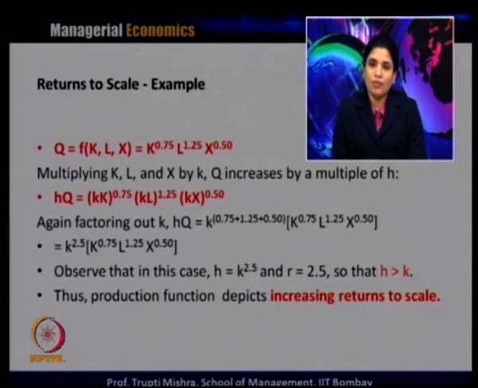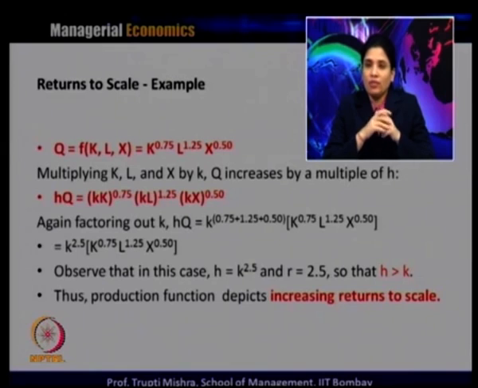If you remember, the power, if it is equal to 1, it is a constant return to scale, if it is greater than 1, it is an increasing return to scale, and if it is less than 1, this is a decreasing return to scale. Since in this case it takes a value greater than 1, this is the case of increasing return to scale.